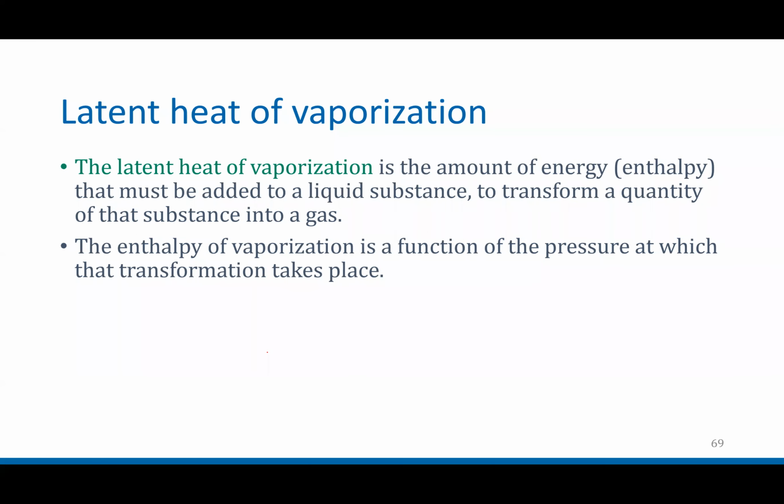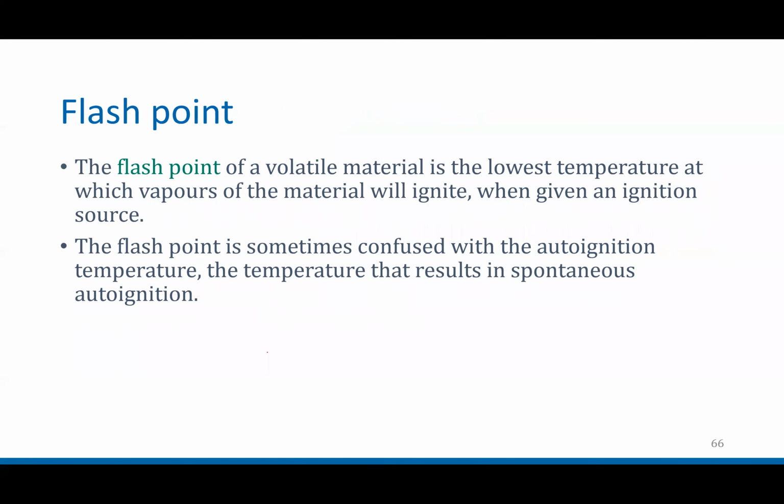So, sorry, flash point. The flash point is the lowest temperature at which vapors will ignite. Again, when you hear the word point in chemistry, it means temperature. So the lowest temperature where a chemical will ignite, meaning catch on fire, is called the flash point.